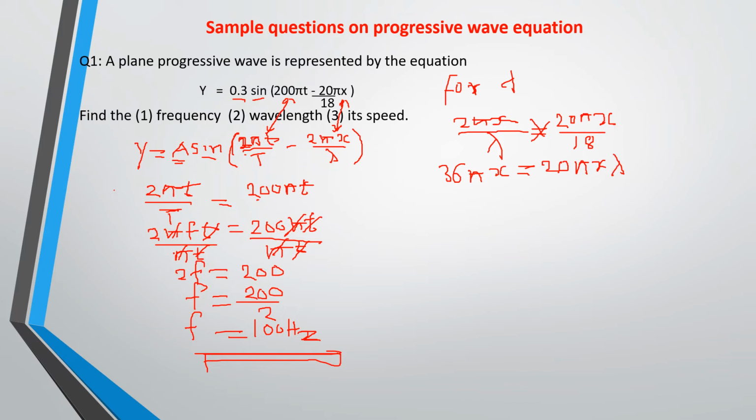If you divide by pi x from the two sides, this cancels that, and this also cancels that. So you now have 36 is equal to 20 lambda. So your lambda, which is your wavelength, is equal to 36 all over 20.